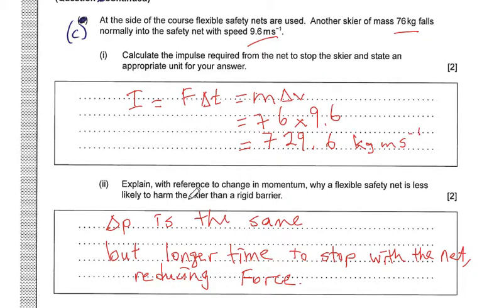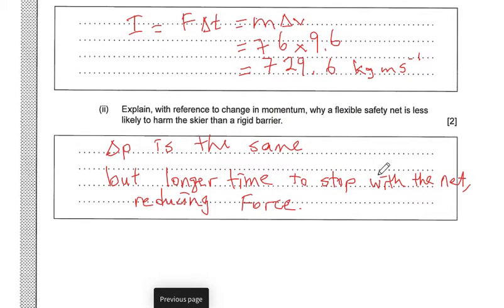How do you explain this bit? Now, when you think about this motion in your head, if someone asks you, would it be more safe to stop with a safety net or a rigid barrier? Obviously, it is more safe, but maybe you've never thought about why or how to explain this with physics terminology.